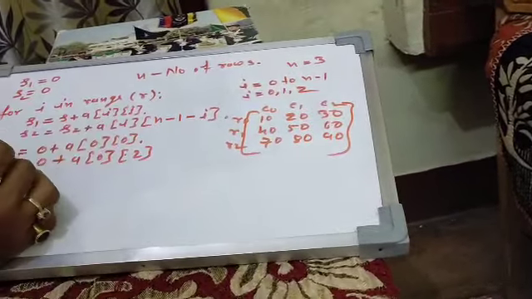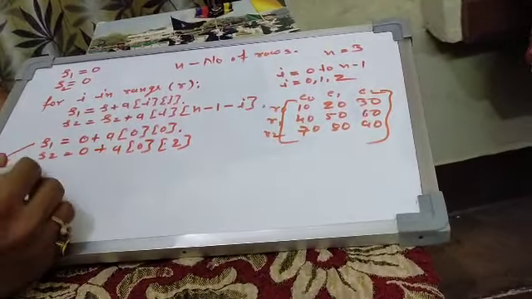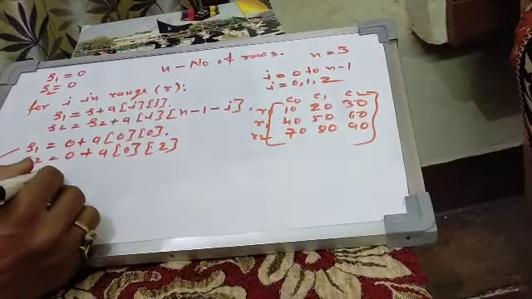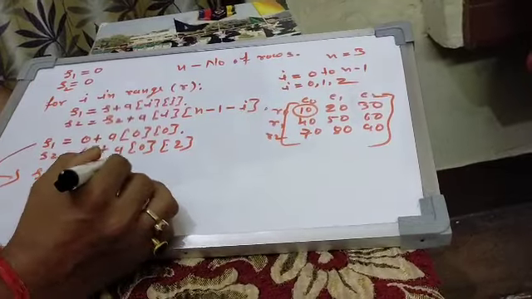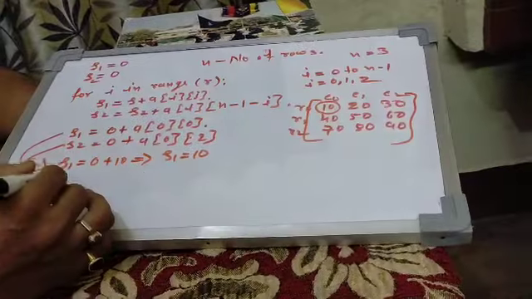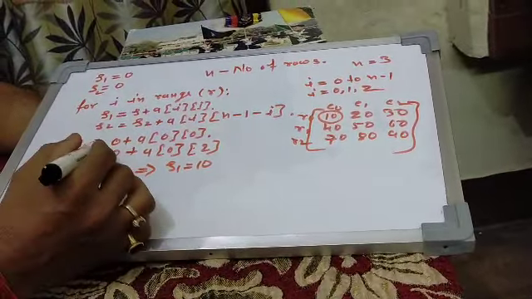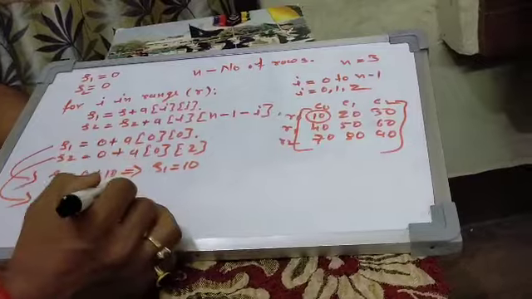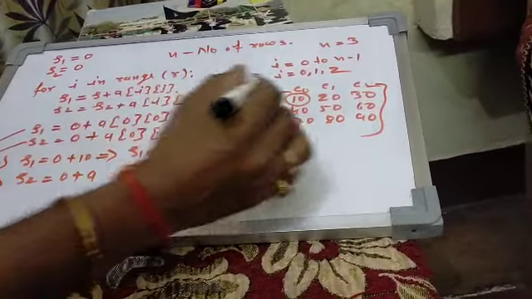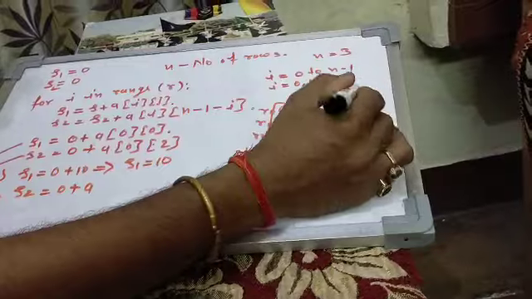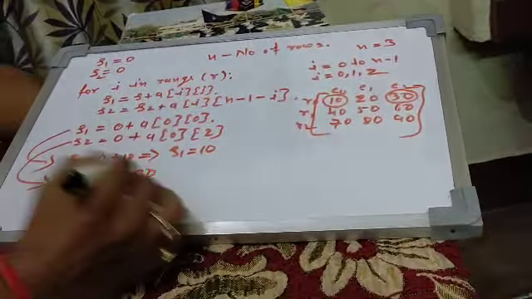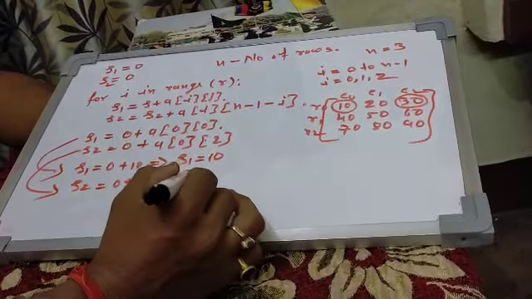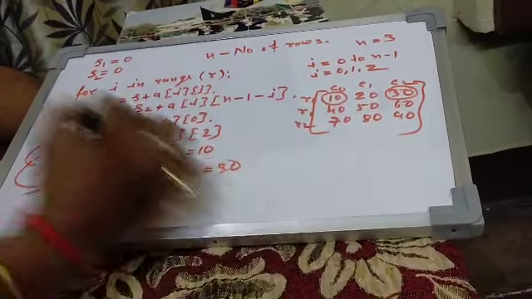So in S1, according to this statement, S1 will be 0 plus A00 means this element 10. S1 is 10, and according to this statement, S2 is equal to 0 plus A 0, 2, which is 30. So the value of S2 is 30.